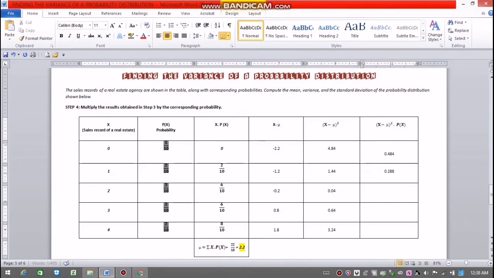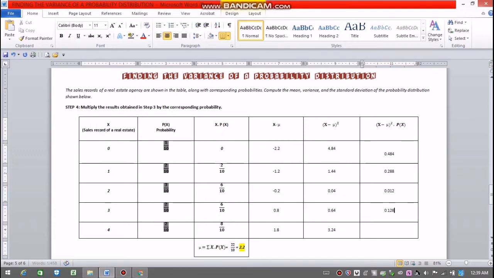For the third column, 0.04 multiplied by 3 over 10 is equivalent to 0.012. For the fourth column, 0.64 multiplied by 2 over 10 is equivalent to 0.128.